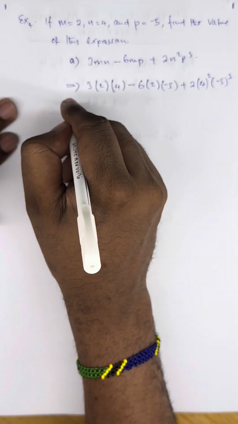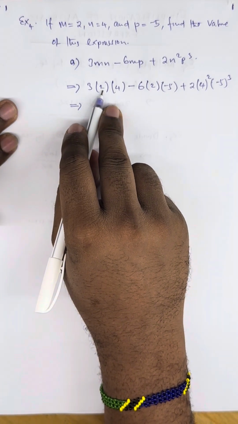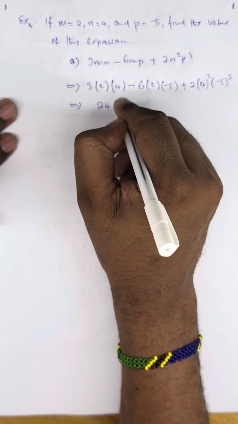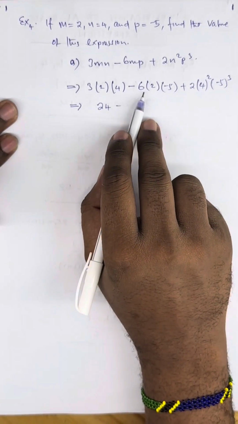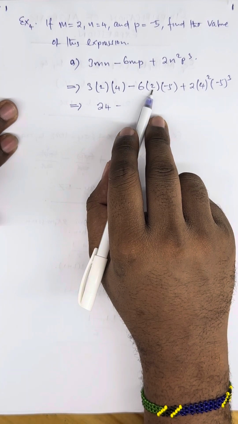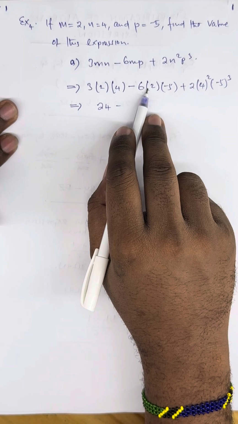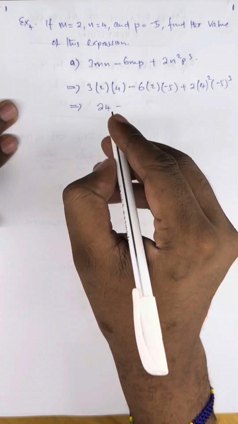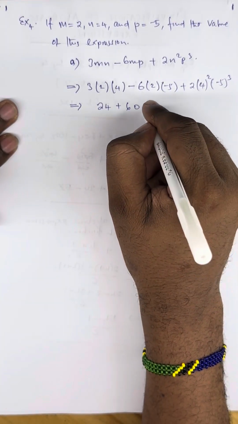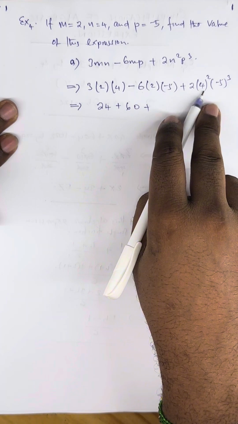Okay, so you open the bracket. So 3 times 2 is 6. So 6 times 4 is 24. Then minus, so we are having negative 6. We have 6 times 2, which is negative 12. Negative 12 times negative 5 becomes positive 60. Then add, so here you're going to have 2 times 4 square.